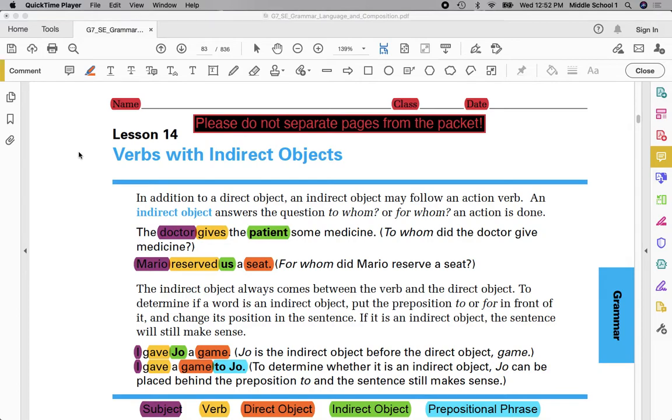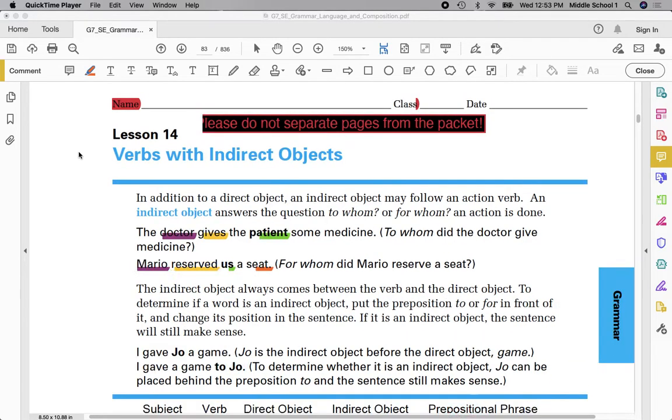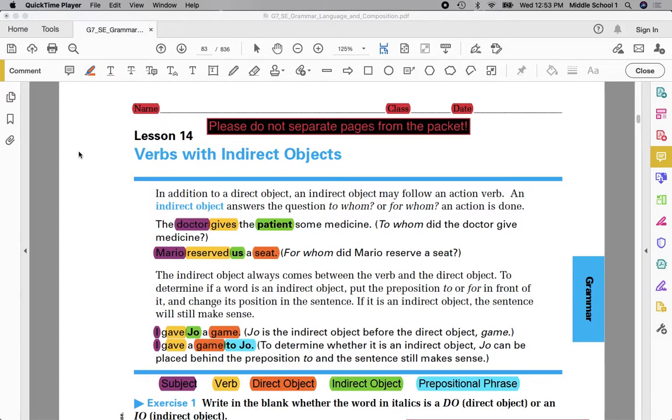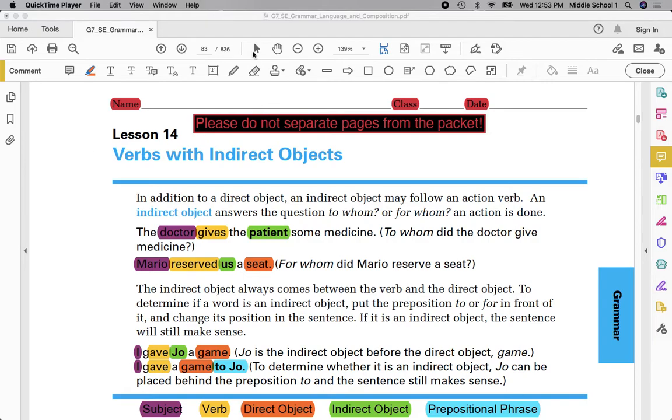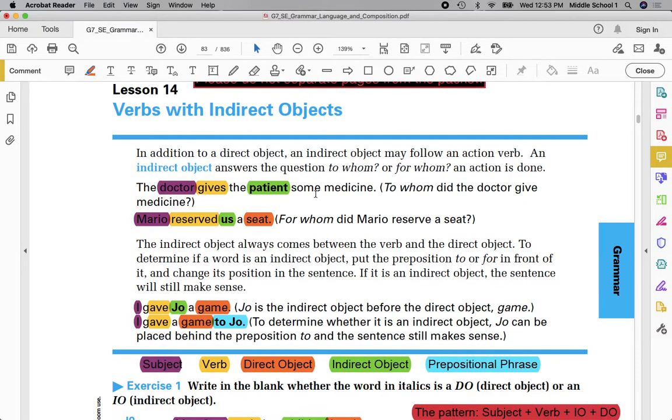Today's term is indirect object. An indirect object does not need to be found in the sentence. However, sometimes we have more information given in the sentence. We're told not only what is done with the action, but to whom the action is given. In our sentences, we're going to be identifying a pattern.